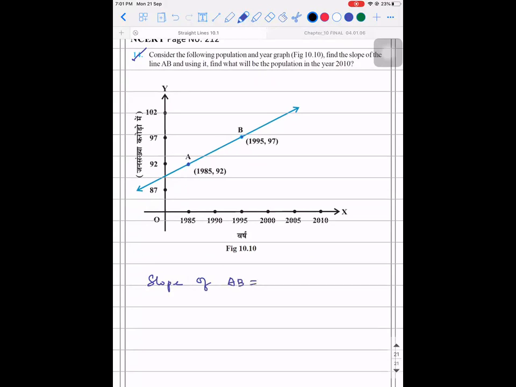So what is slope of AB? 97 minus 92 divided by 1995 minus 1985. So 97 minus 92 is 5 by 10. It is half. Now what are they asking? Find the slope of the line AB and using it, find what will be the population in the year 2010. So 2010 is somewhere over here.